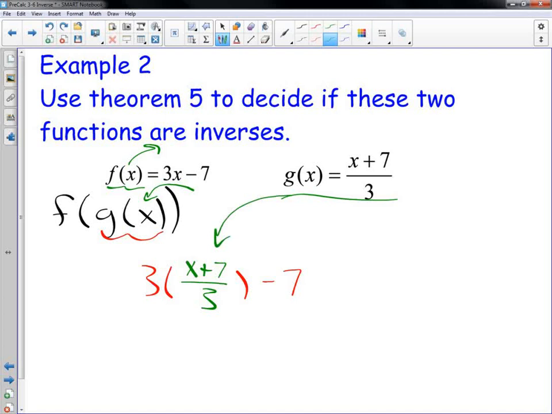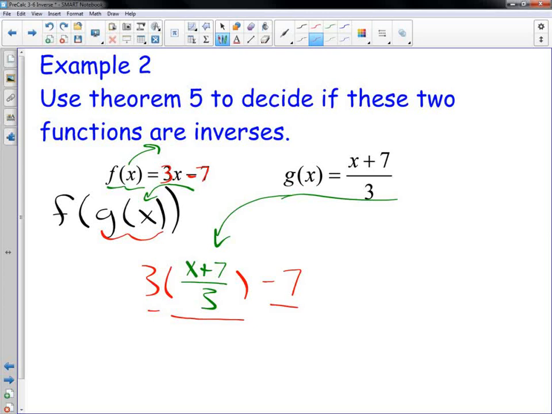Okay, so I just did the composition part. Where does the 3 in red come from? The 3 in red came from this 3 right here. So I have 3 instead of x. I'm not using x, I'm using g of x. So I have 3 times g of x, and minus 7 on the outside.